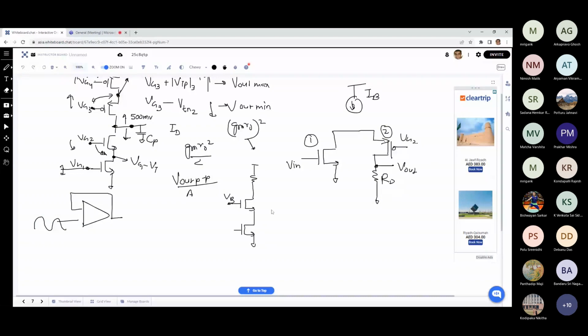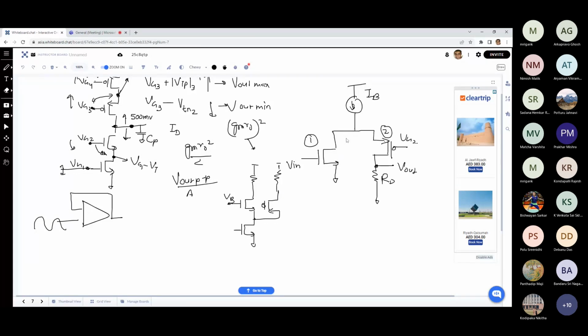So basically, I have just made this a PMOS, and then my drain is over here. That is the only thing. Otherwise the concept of small signal remains the same. Therefore, the gain in this circuit will remain the same. Is that clear? So this is how the folded cascode is working.